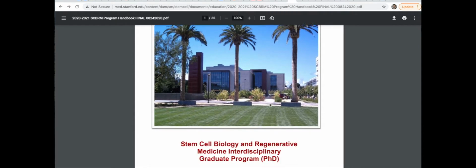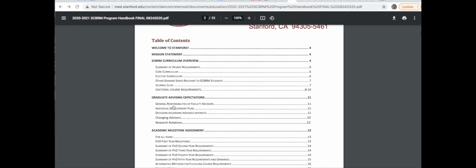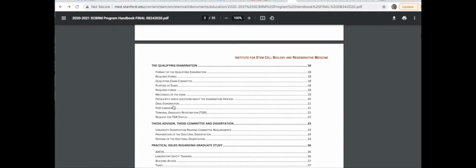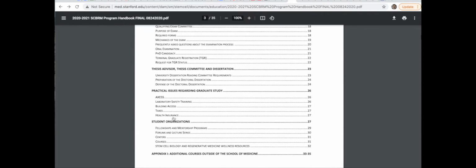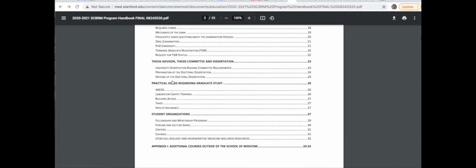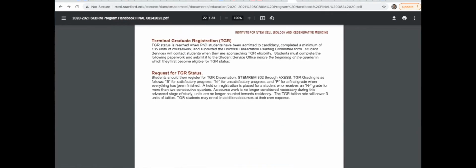You could look through this handbook and get an idea of the different types of writing required for stem cell biology in the medical community. Although some of this information is technical about the program, there will still be all kinds of information about different types of requirements, writing requirements, ways of knowing, doing, being, existing in the community.